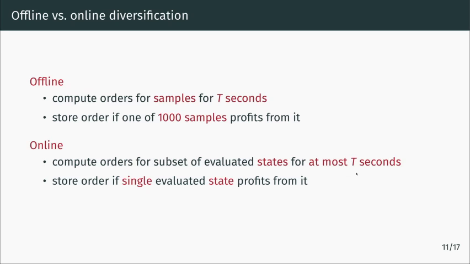So we don't have to use all of the 1000 seconds. And what's more, in the offline diversification, we store an order if one of 1000 samples profits from it. And here in the online version, we only need to evaluate a single evaluated state and obtain the total coverage that is the same as the offline version.